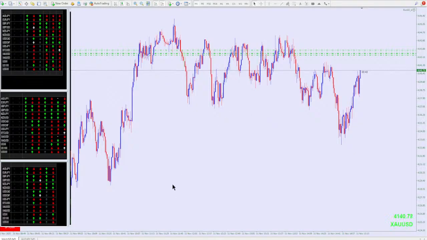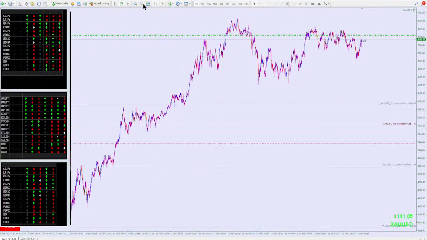So, dear trade, come to where I want you to. Come to where I want you to, because this is actually the second leg of this XAU USD 4. The first leg was actually this.